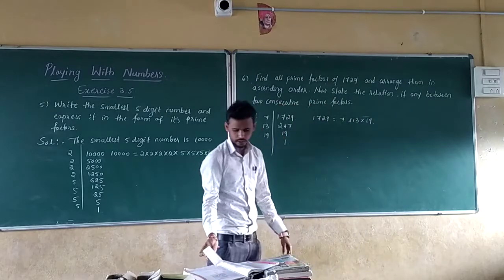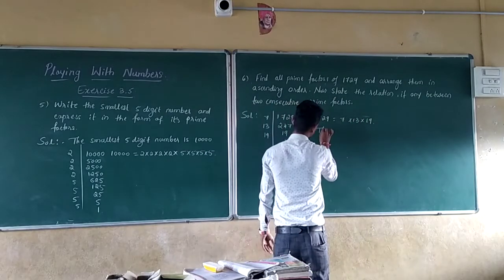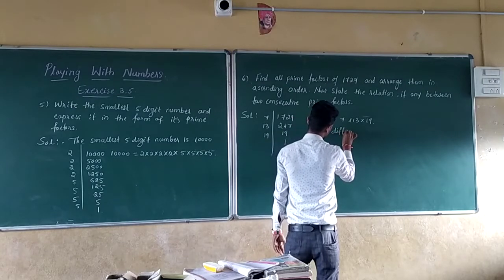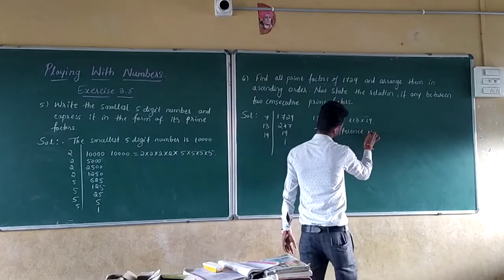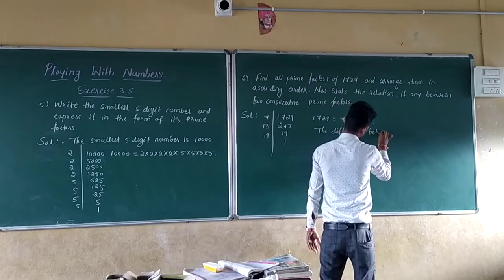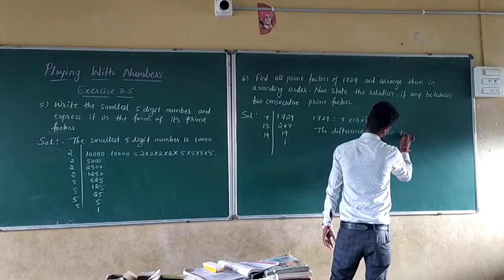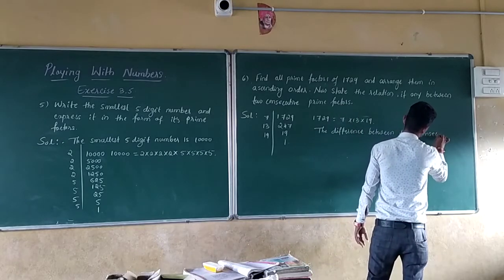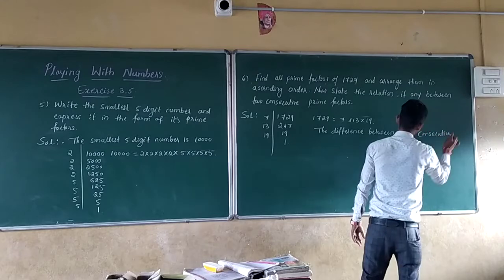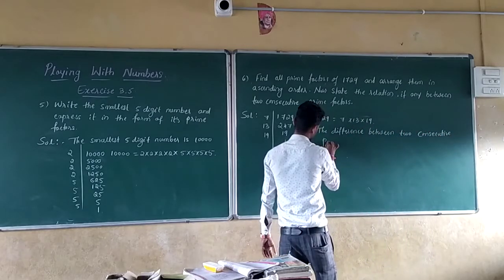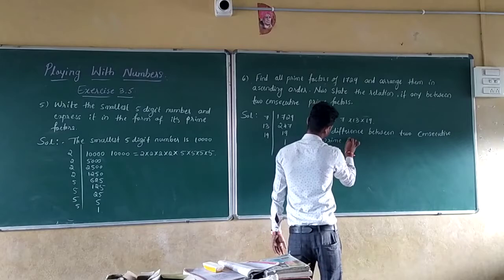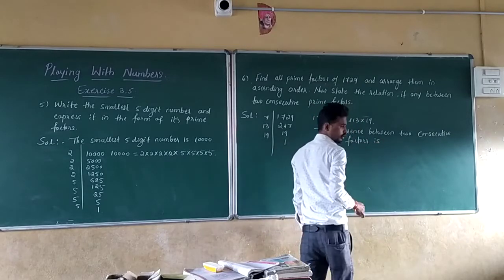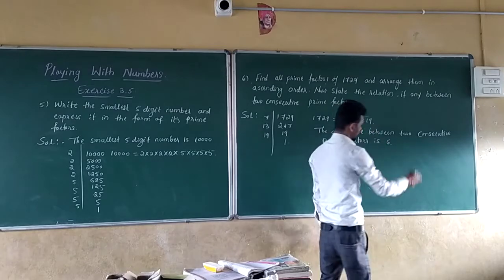So what you can write is: the difference between two consecutive prime factors is 6.